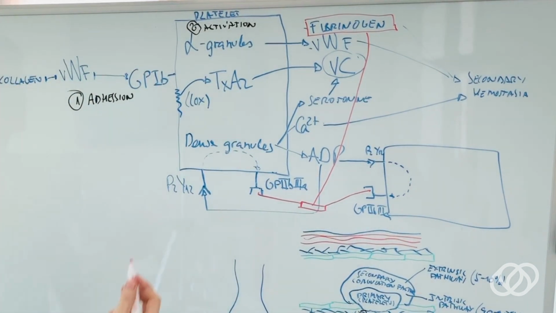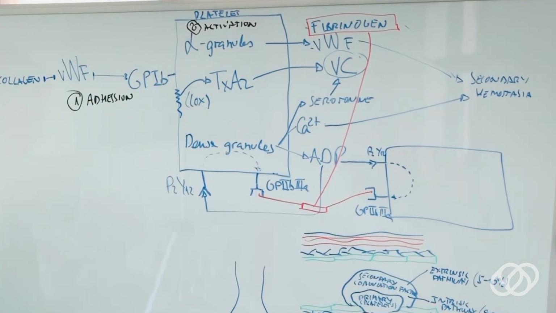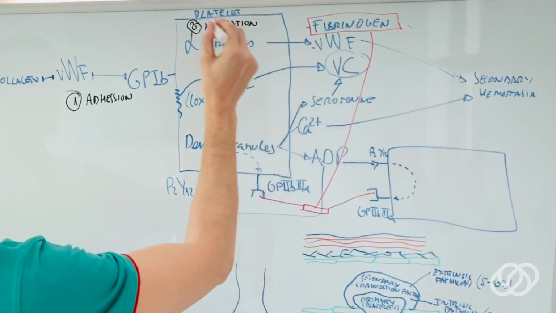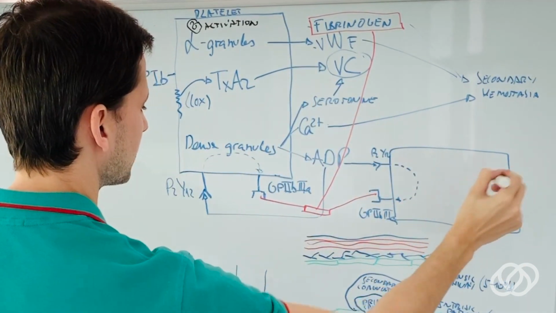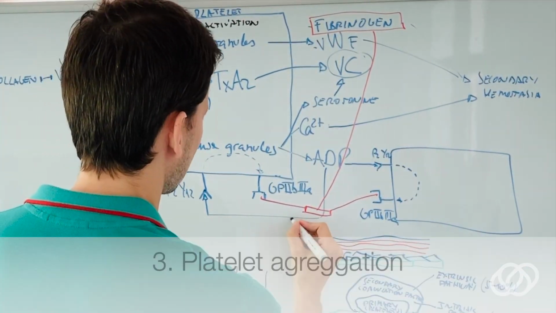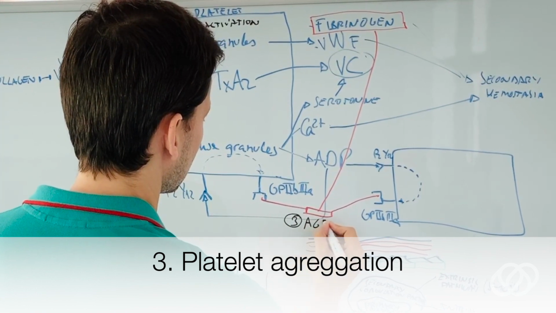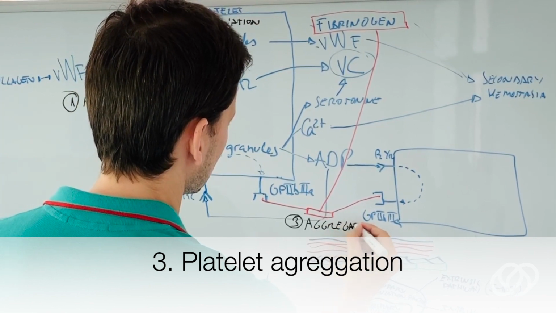Here it leads to the third phase, called the platelet aggregation, because it allows one platelet to join another. That is the third phase, the platelet aggregation.